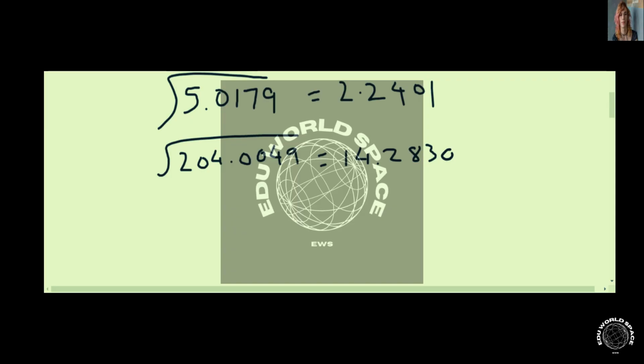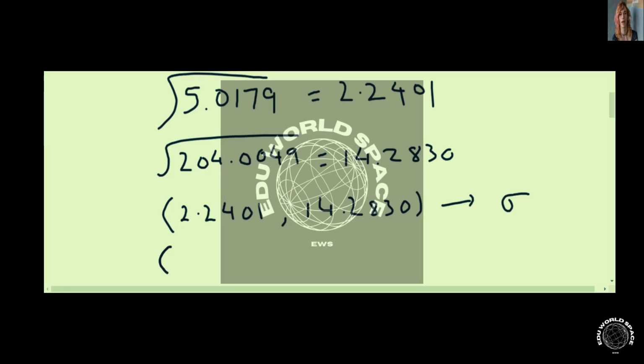So the confidence interval for our standard deviation is 2.2401 and 14.2830. I'm just going to mark this with a sigma here so that we don't get confused.